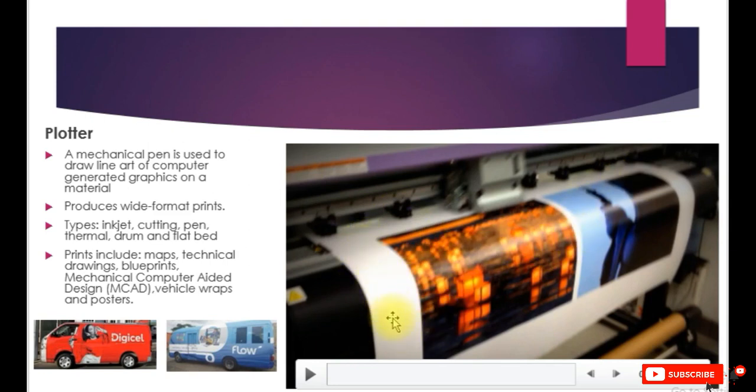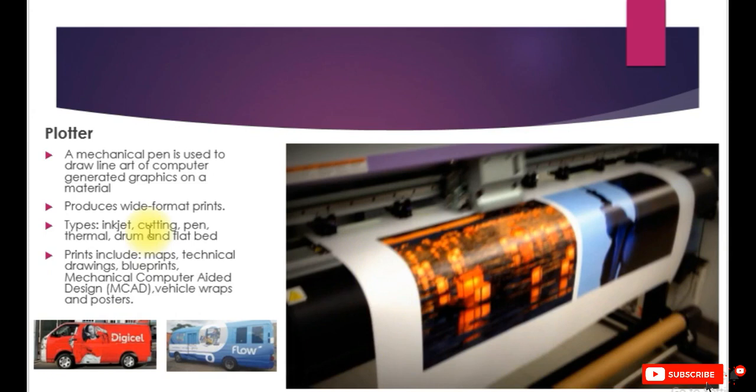The media would be this thing that you're looking at here. They're very popular now because they're used a lot in places that do advertisements. They create signs, for instance, and they're used to create things like banners, posters, and the wraps for vehicles. You're seeing here, all of them are created by the use of a plotter.